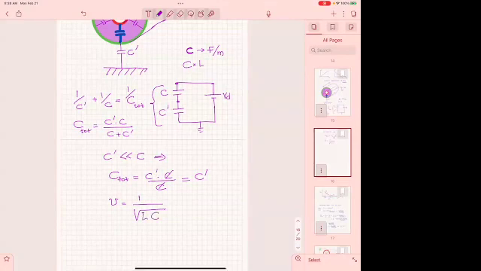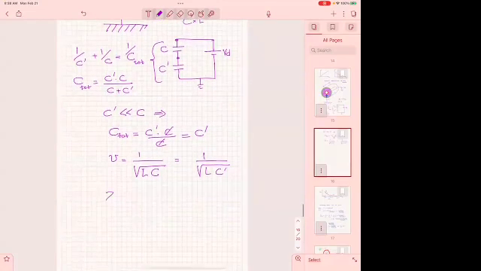All right. So if your C here is not the C that you have designed this for, but it's a much smaller C prime, then your line is going to change its speed. And the other thing that is going to change is what we call the characteristic impedance, which is also very important.